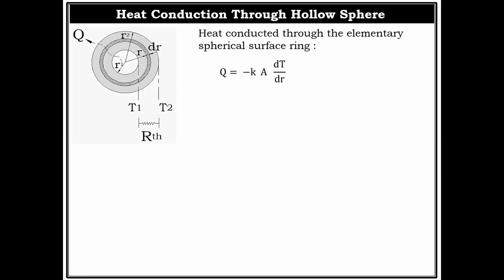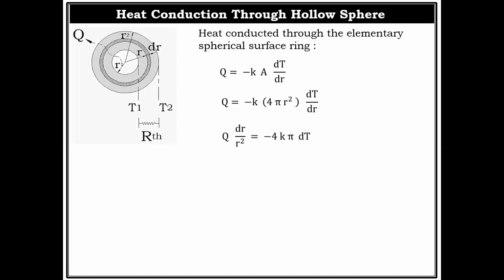But here the path length is the thickness of the elementary ring, dr. So minus KA dT by dr, and we are talking about the elementary ring only. At the elementary ring, the surface area is 4 pi r square. So our equation becomes Q is equal to minus K 4 pi r square dT by dr.